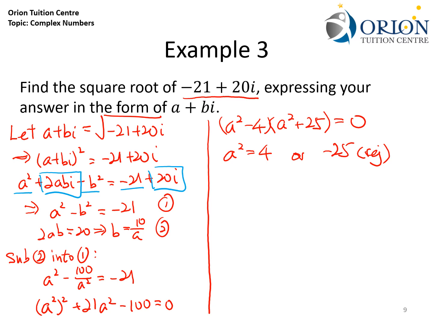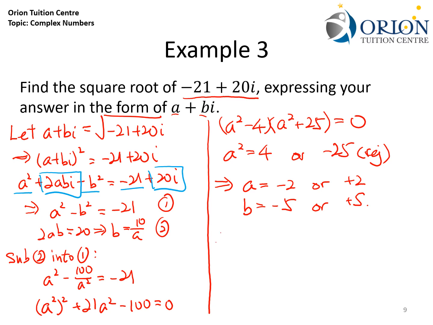We note that in the form of a plus bi, both a and b should be real numbers. And therefore, from here, we know that a can either be minus 2 or positive 2, and correspondingly, b, which is 10 over a, will become minus 5 or positive 5.